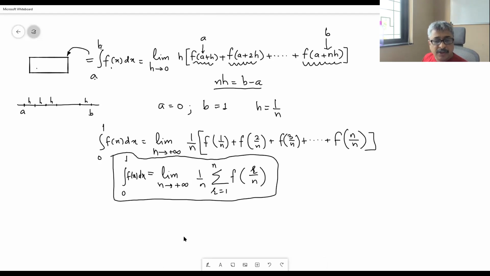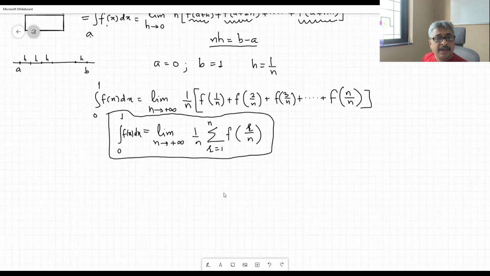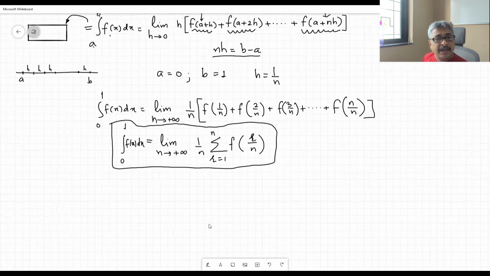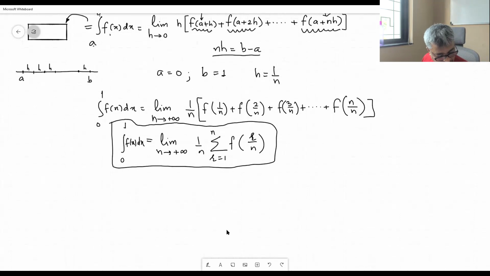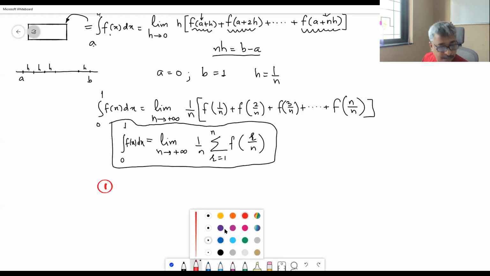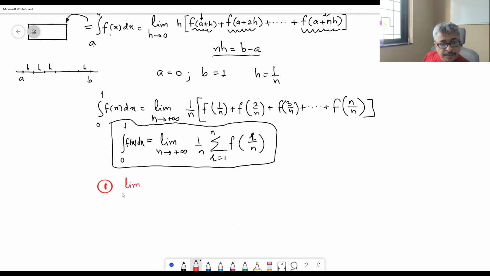Let me explain you with one example, and then you are supposed to solve at least 8-9 examples. So of course I should take the easy one for me and give you difficult ones. Okay, anyway, I have got first example as limit n tends to infinity.